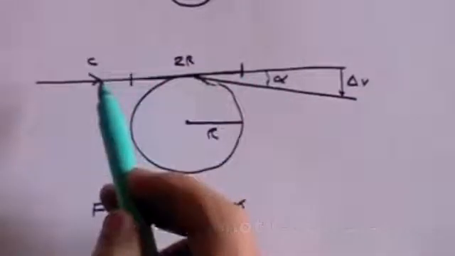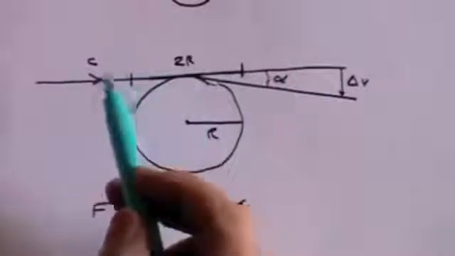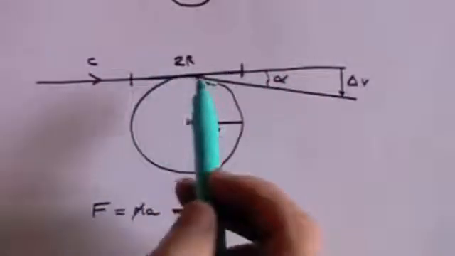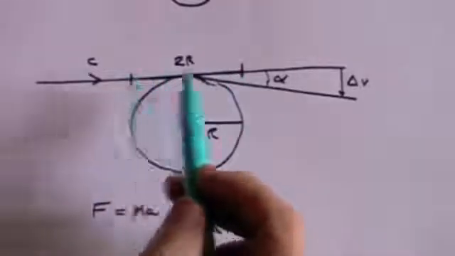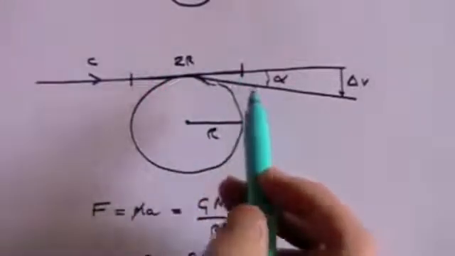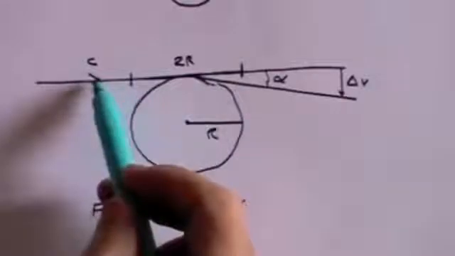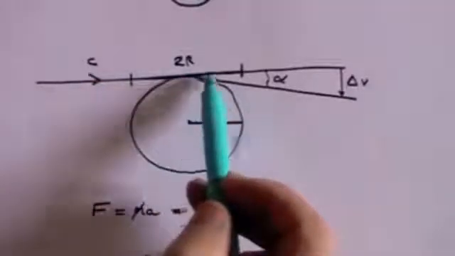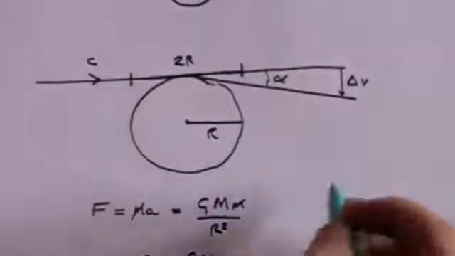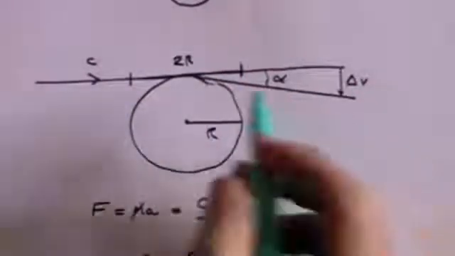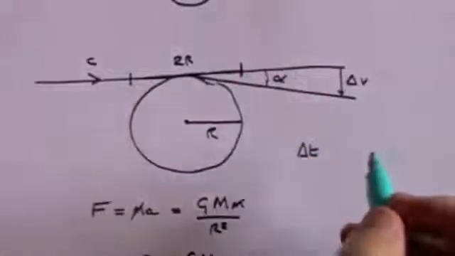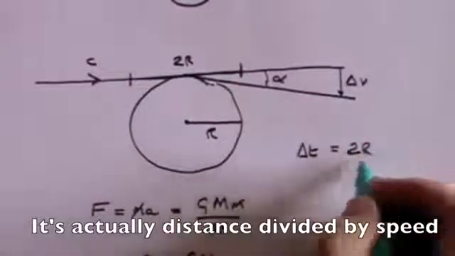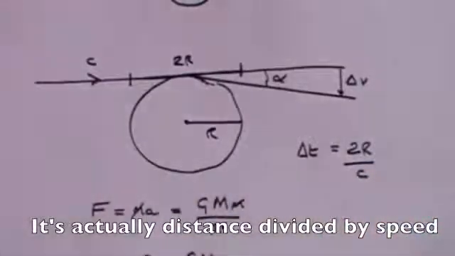There will be some gravitational attraction, obviously, on either side, but the main attraction will be when it's very close to the object concerned. And it's travelling at speed c, so how long does it take to travel this distance 2r? The time, delta t, to travel that distance is obviously the distance divided by the speed, which is 2r divided by c.